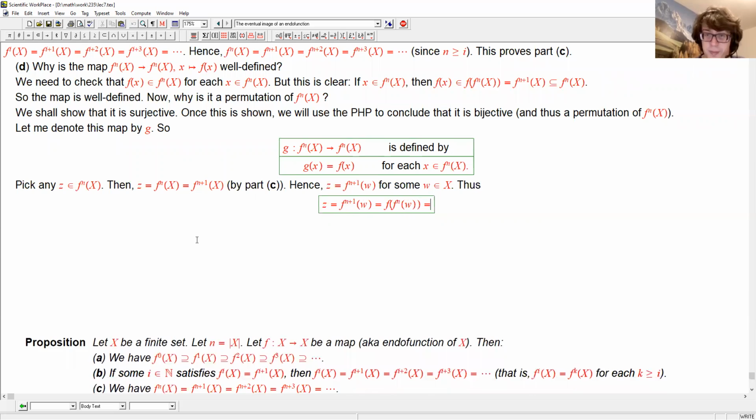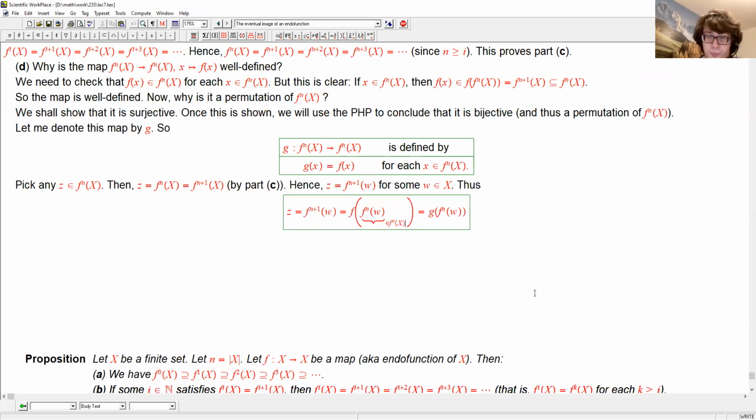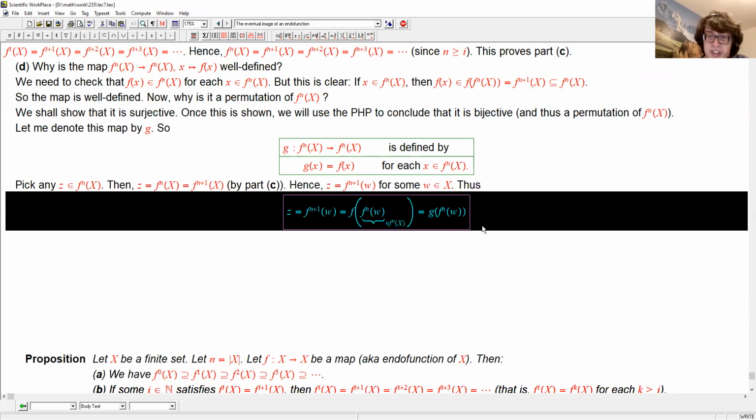Again, let me say it this way. f^n(w) is an element of f^n(X). So I can apply g to it. g is defined on f^n(X). And if I do this, I get exactly the same as when I apply f to it. So I get this equation.